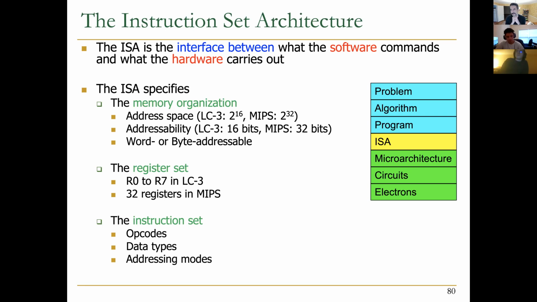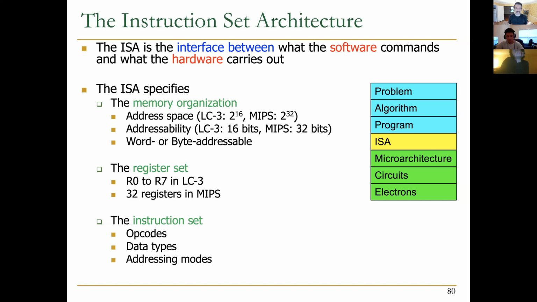And also the instruction itself is part of the ISA, whatever is encoded in the opcode, the data types and the addressing modes. So when somebody asks you what is the ISA, at the abstract level, you can say this is a contract that enables this connection.